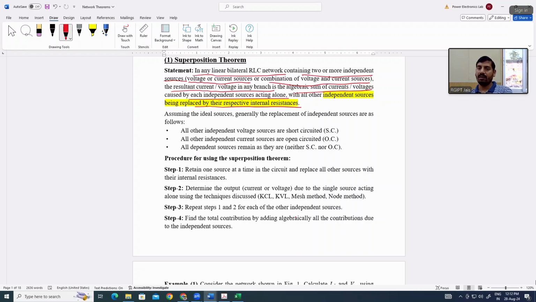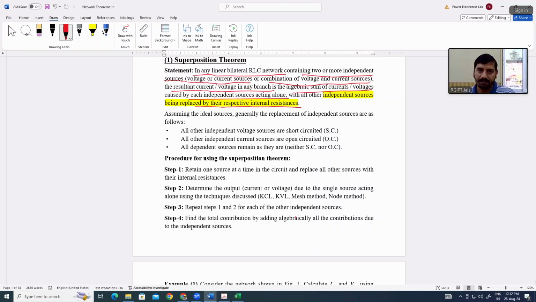And for an ideal current source, internal resistance is infinite. So ideal voltage and current sources will be replaced by their internal resistance, means replaced by resistance 0 and resistance infinite. Okay, so resistance 0 means short circuit, resistance infinite means open circuit.